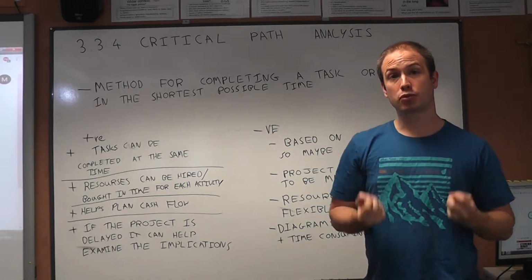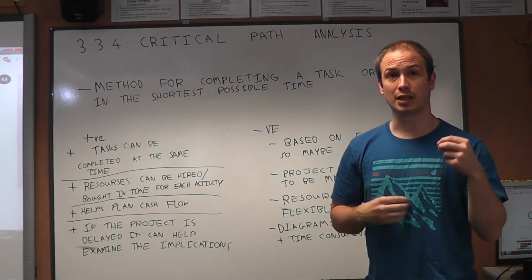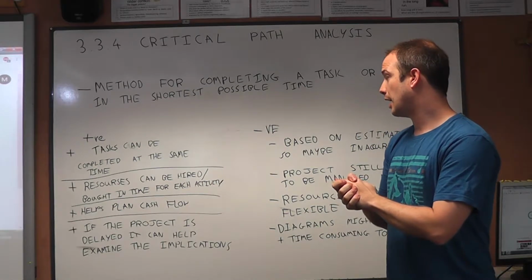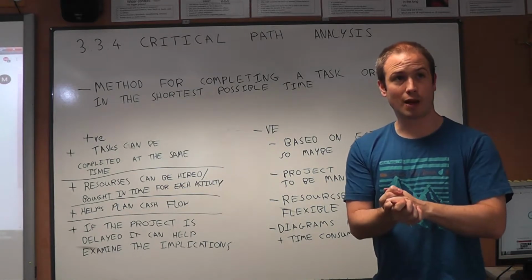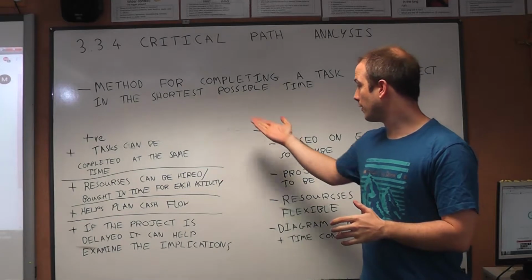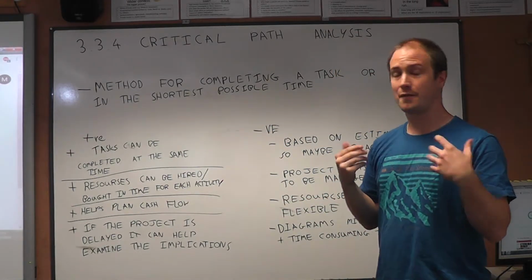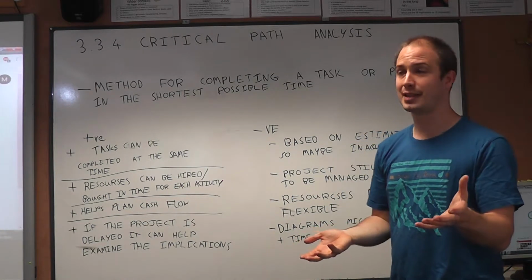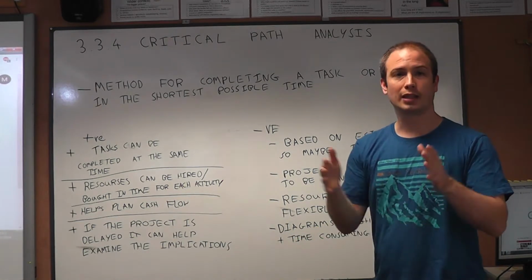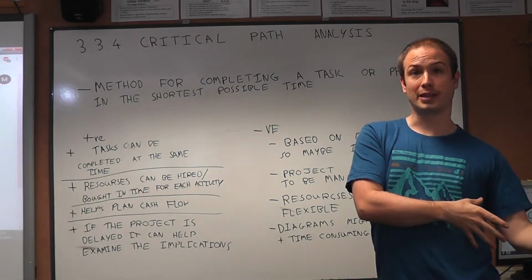And yeah, there are some pros and cons for using this strategy. All right, we'll talk through some of the positives. Many tasks can be completed at the same time. If you think about it, we'll take it back to that Wembley Stadium example. You can lay the pitch at the same time as you're putting the seats in.